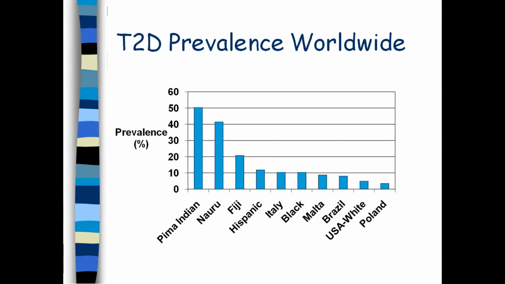When we talk about type 2 diabetes prevalence worldwide, in India it is highest, and it is lowest in Poland, because India is a developing country where there are changes in lifestyle as well as day to day lifestyle, so there are more chances of development of type 2 diabetes.